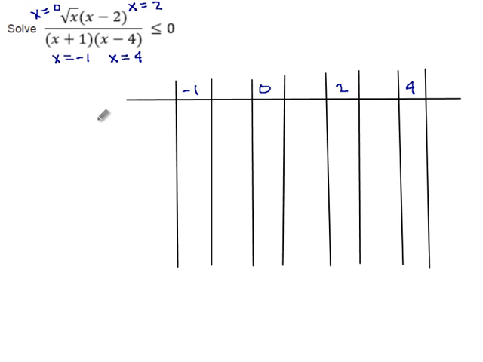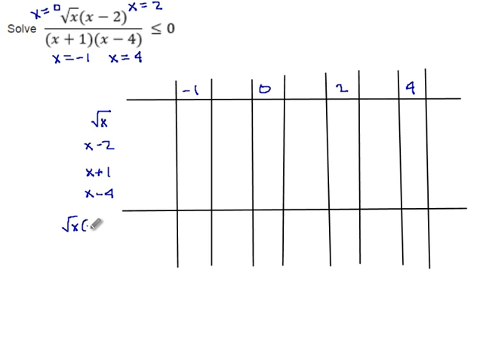And the pieces we have to look at are the square root of x, x minus 2, x plus 1, and x minus 4. And once we've dealt with all of those, we'll do a grand total where we look at the behavior of the entire function, which I'll write out again. Root x, x minus 2, over x plus 1, x minus 4.